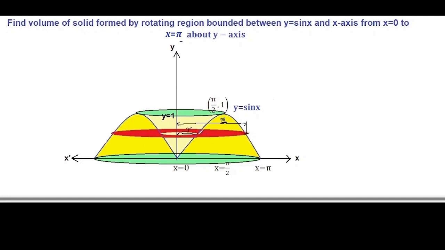So as the inner circle and outer circle are both bounded by the same curve y equal to sin x, it will be very difficult to distinguish between the small r and the capital R, because both will ultimately take x values from the same curve y equal to sin x.